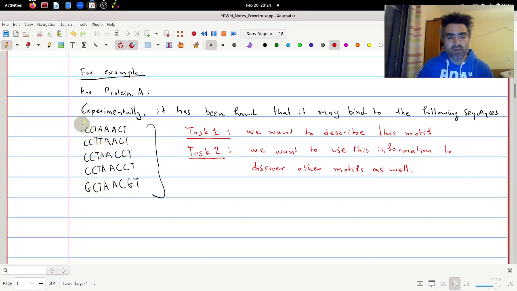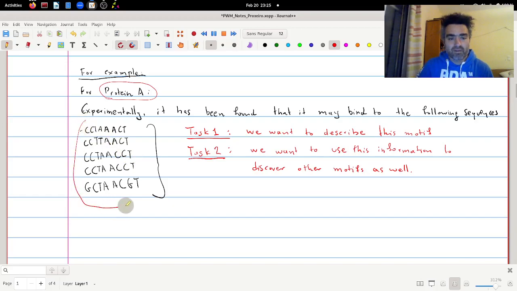Well, this is just an artificial example, so I'm not sure that there is such a motif as this one, but it's an example that reflects somehow what is happening in reality. So these 5 DNA sequences have been found experimentally as sequences to which this protein A can bind.